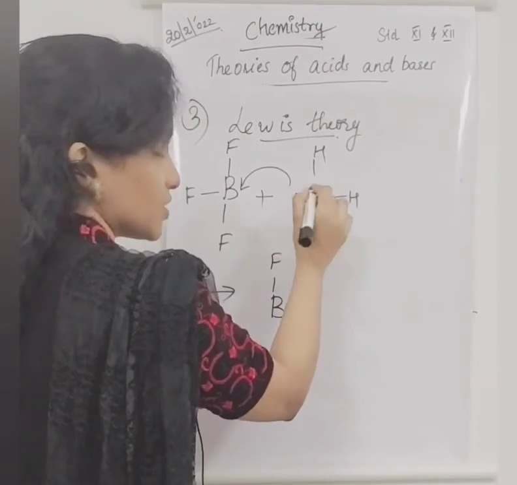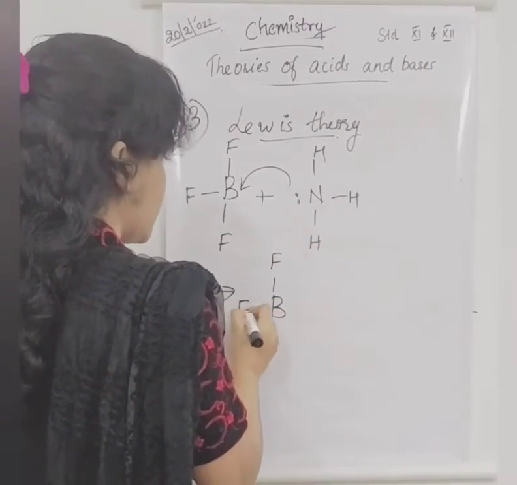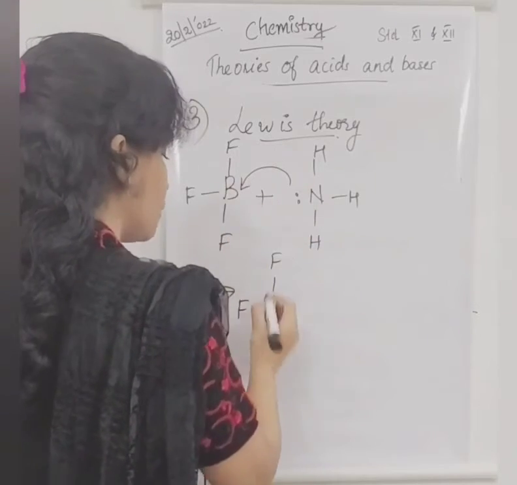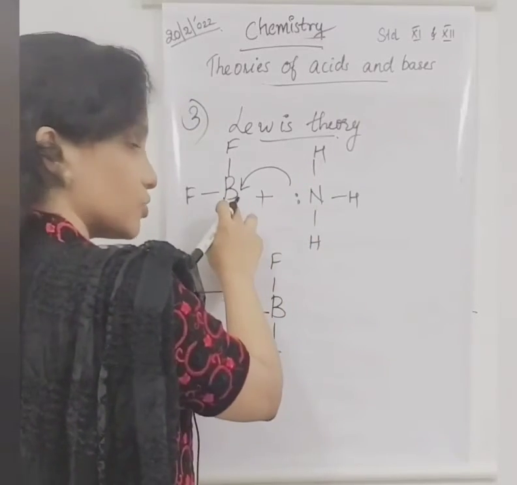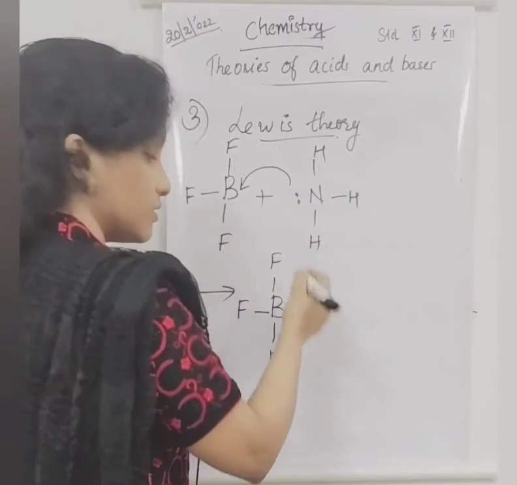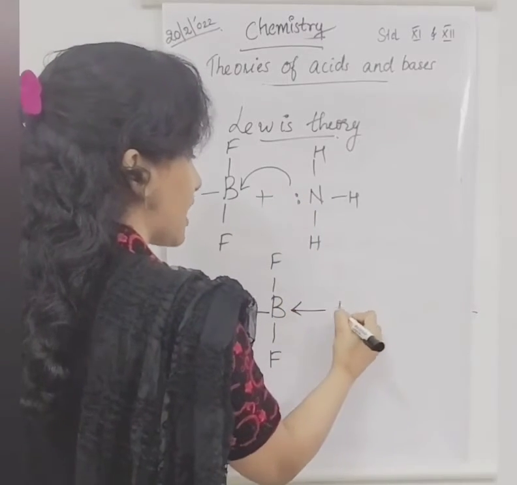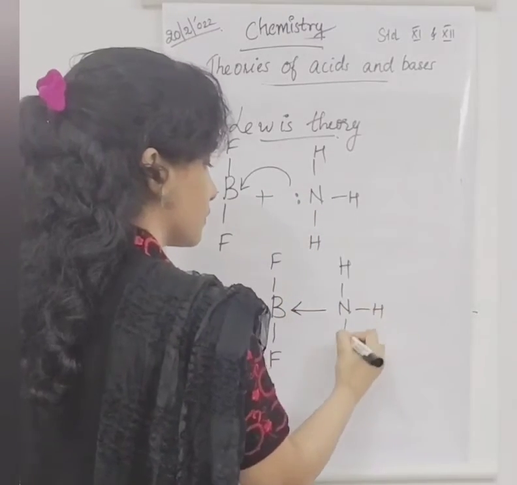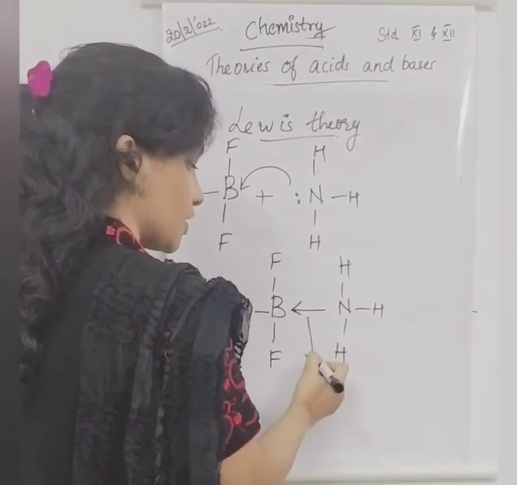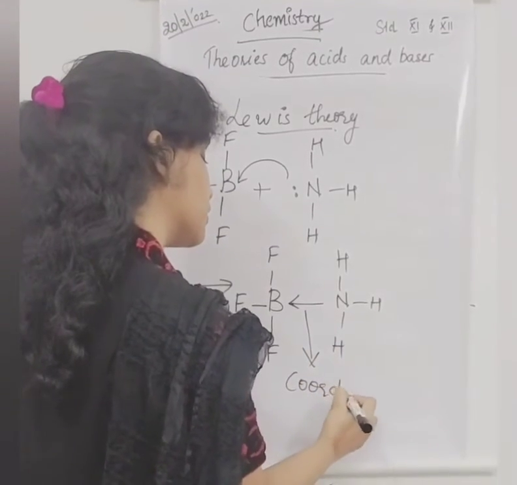The octet of nitrogen is complete here. So it donates its electrons to boron. Boron gets 2 more electrons, so it will be 8. Since nitrogen donated electrons, it will be 6. Now this bond we call a coordinate covalent bond.